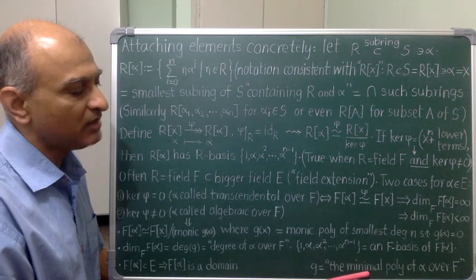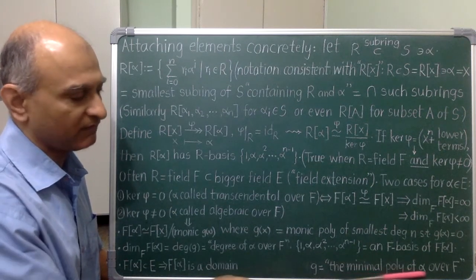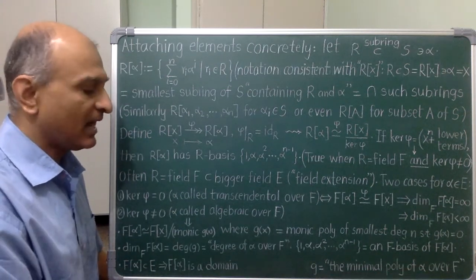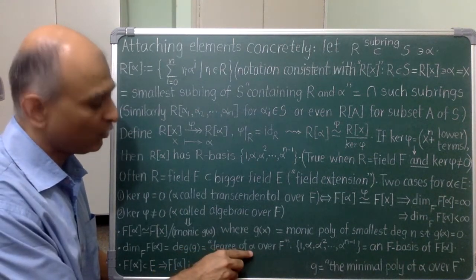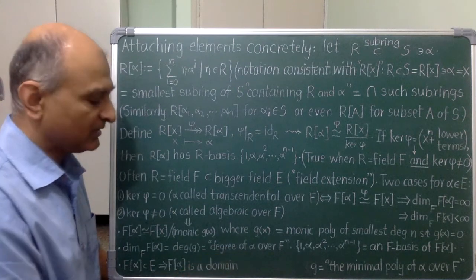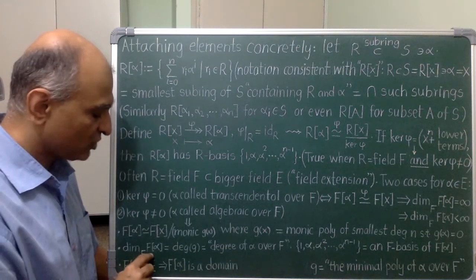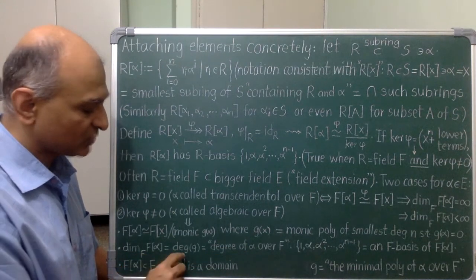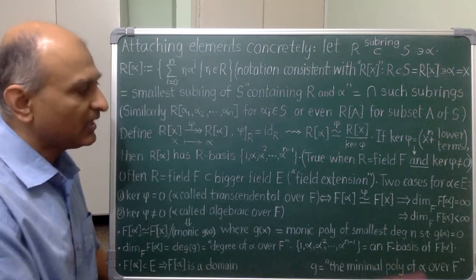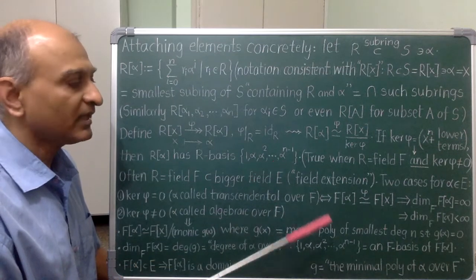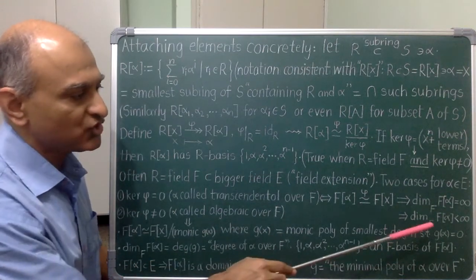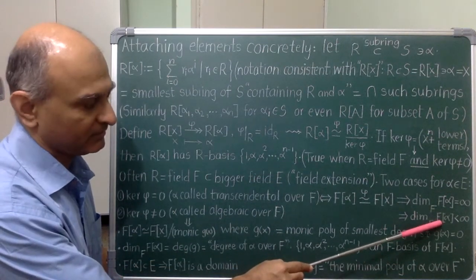Then g is called the minimal polynomial of alpha over F. And the degree of this polynomial is also called the degree of alpha over F. In this situation, the dimension of F adjoined with alpha over F is also equal to this degree, as we saw before, and we have this nice basis. In particular, the dimension of F adjoined with alpha is finite.